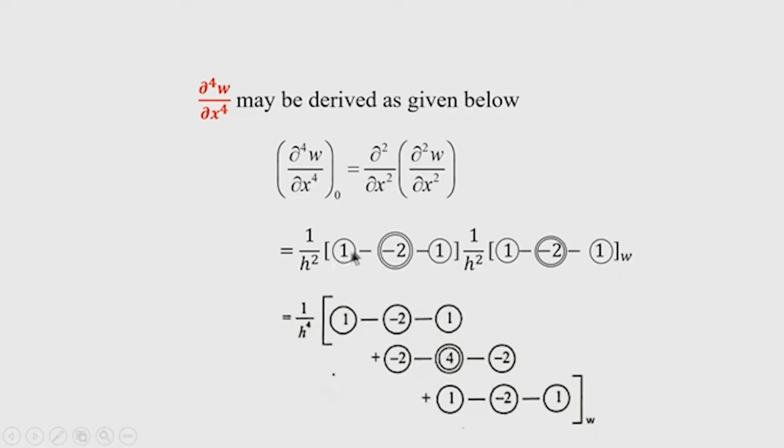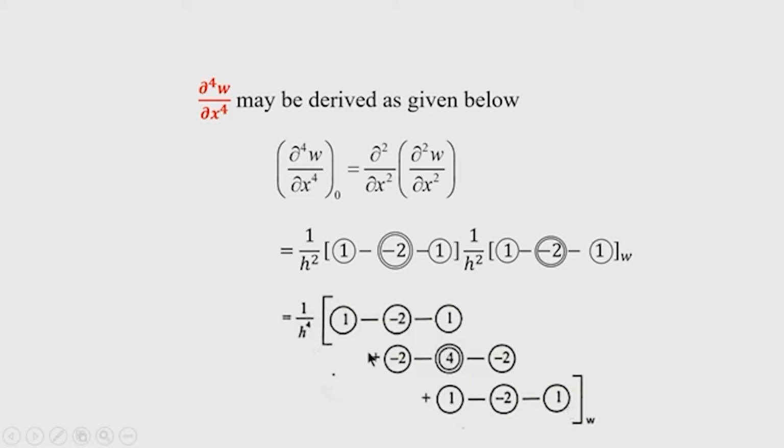Okay. So, term by term multiplication you can arrange in this form. If you multiply it, say 1, then minus 2, then 1, we are doing this first row, and then the second row: minus 2, then minus 2 times minus 2 is 4, then minus 2 times 1 is minus 2, then the last row: 1 into 1 is 1, then 1 times minus 2 is minus 2, then 1 into 1 is 1.